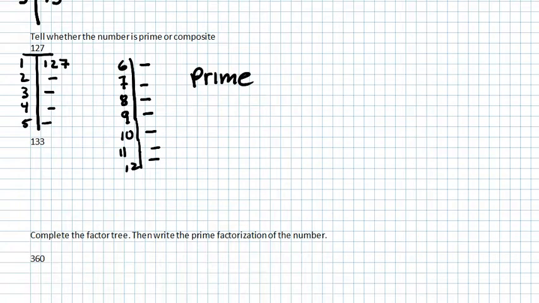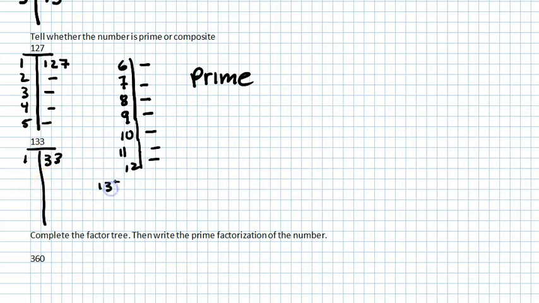Let's look at the number 133. Is this number prime or composite? Well, we know 1 and 133 work. 2 won't. 1 plus 3 is 4, plus 3 is 7, so 3 doesn't work. 4, 5, 6 don't work. Let's try 7.